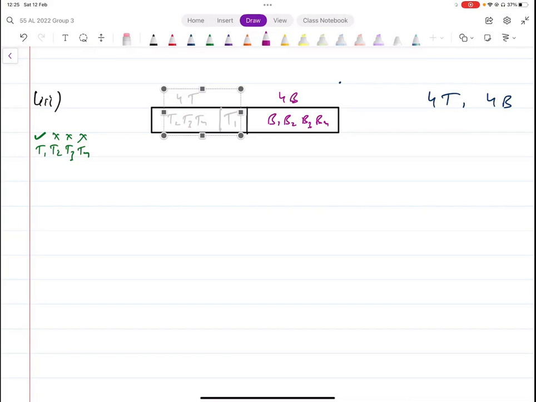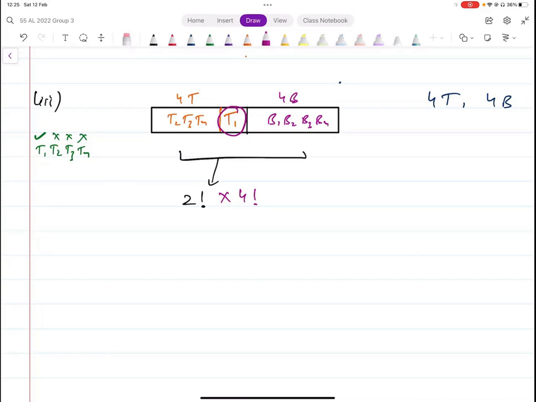Okay. Now what about the outer boxes? We've got 2 outer boxes. Okay? How many arrangements can these 2 outer boxes have? 2 factorial. There are 2 outer boxes, right? And then if we look at these B's, how many arrangements do we have for them? 4 factorial. There are 4 of them.